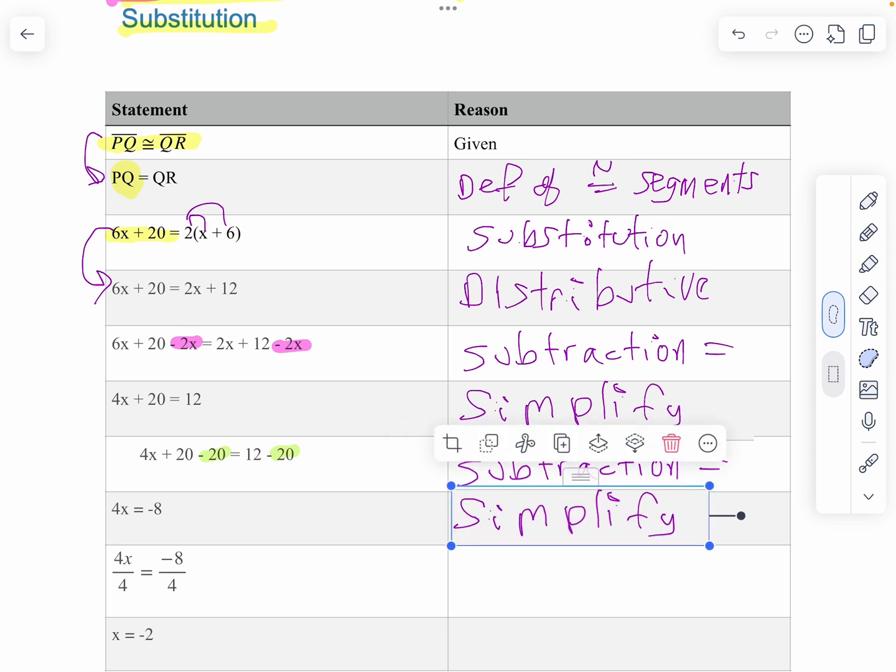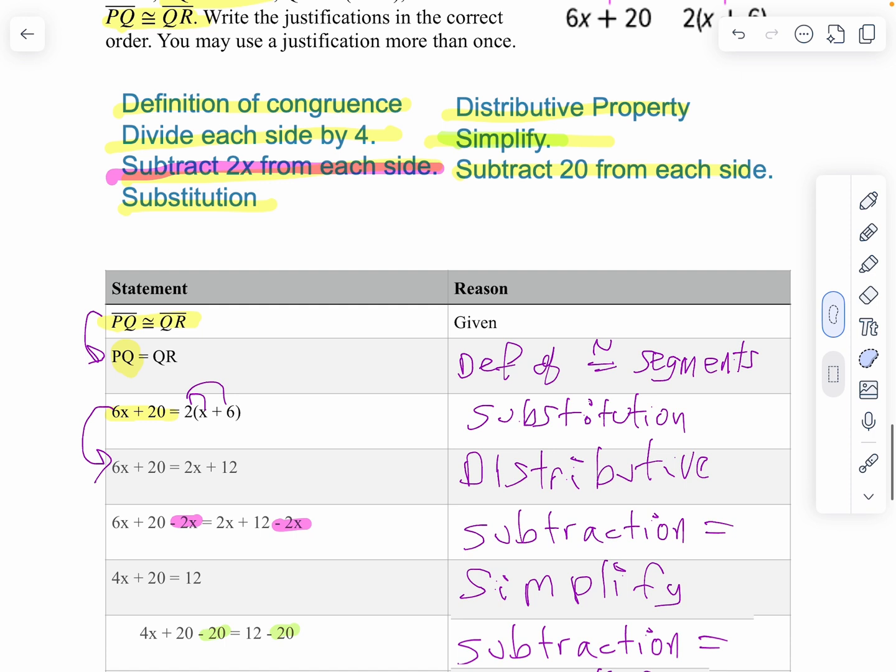Then it looks like I divided both sides by 4. And if we look at our reasons, you have divide each side by 4. And like I said, I'm kind of lazy, so I don't want to write divide each side by 4. I'm just going to write we divided both sides by the same thing.